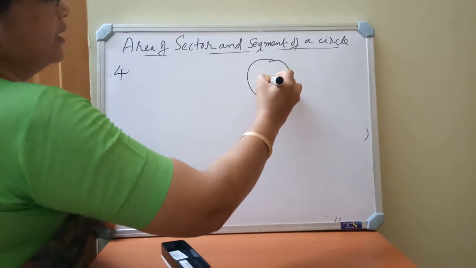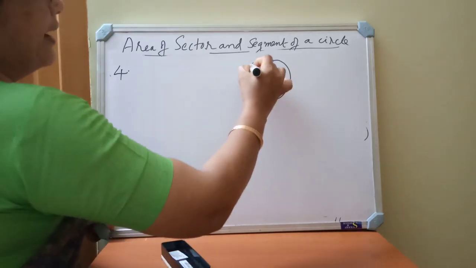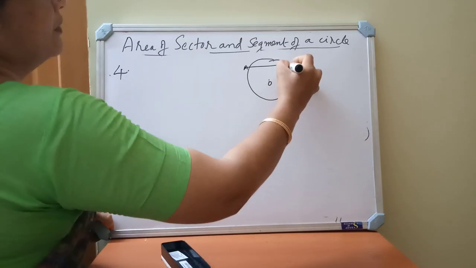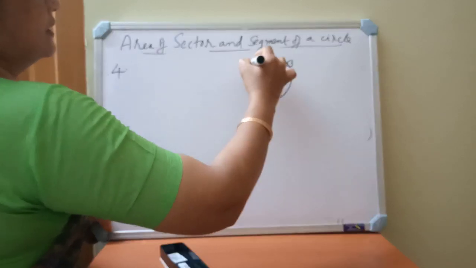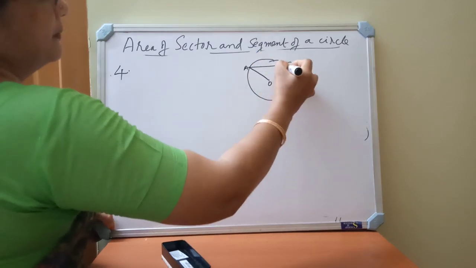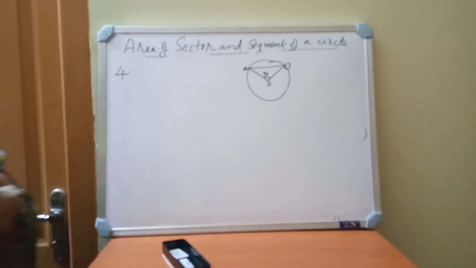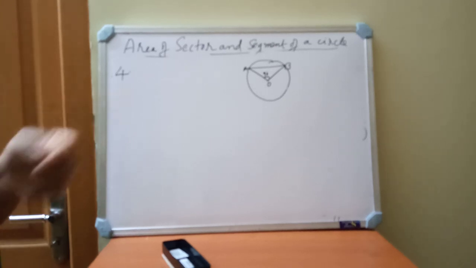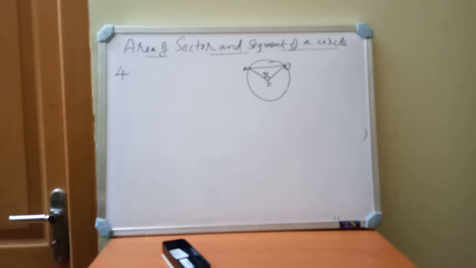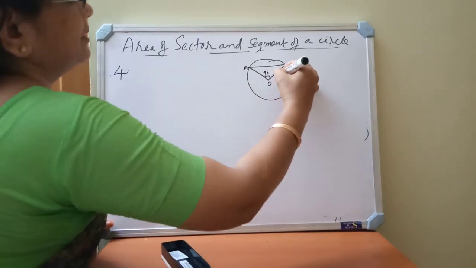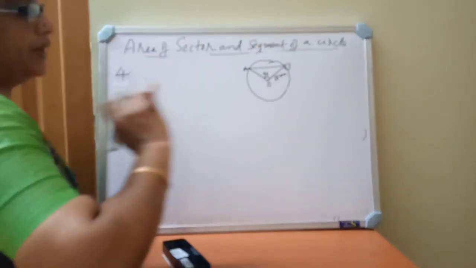The center of the circle you have to mark as O, and a chord AB. It subtends the center at 90 degree. They are given that right angle means it is 90 degree. What is the radius here? 10 centimeter. So this is 10 centimeter. Okay. So this is the diagram based on this question.